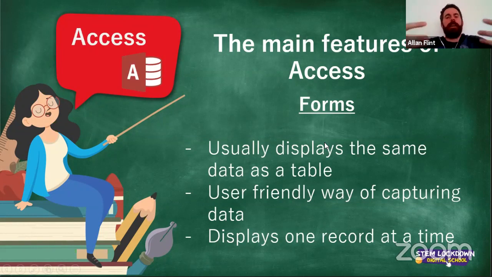A form is like a form that you will fill out in class, or a form that you will fill out online, or a form that you will fill out in a survey. It's got a few questions that it will ask you. However, it's done in a user-friendly way. So it captures data in a friendly way, and it usually only displays one record at a time.